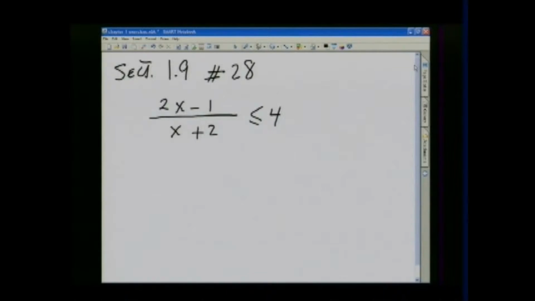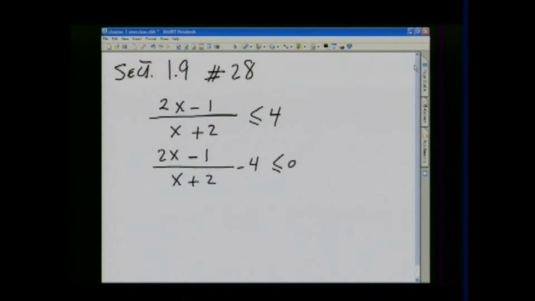One way to solve this, and you have seen this in the text of the section, is to take the 4 from the right-hand side and put it on the left-hand side, so you would have this less than or equal to 0. So you would have (2x minus 1) divided by (x plus 2) minus 4 less than or equal to 0.